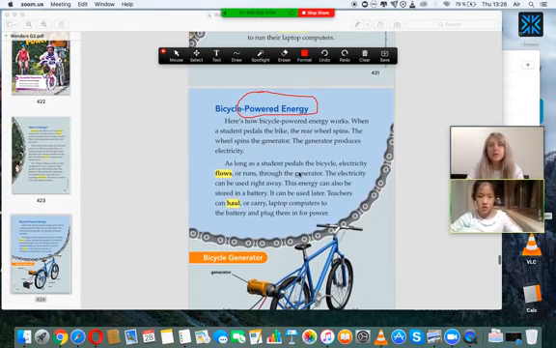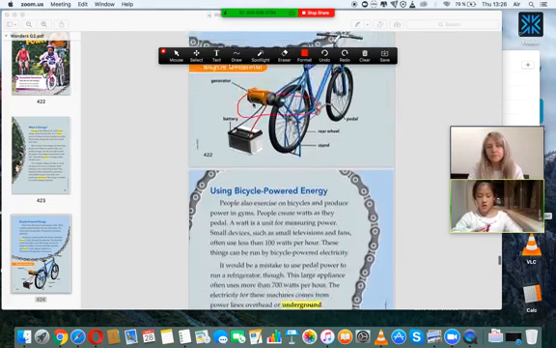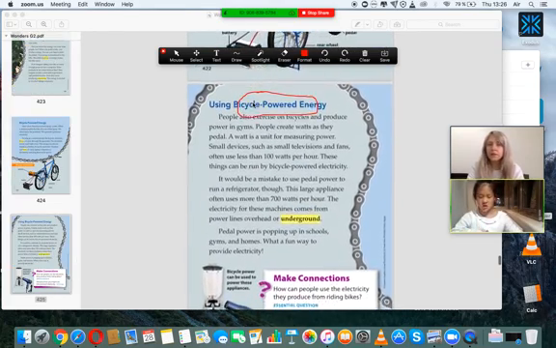It's like the name of this part. It's the head of the part, and it's called a subheading. Like here, bicycle powered energy. So usually it's written with big letters and in bold. And here it's even written in another color.